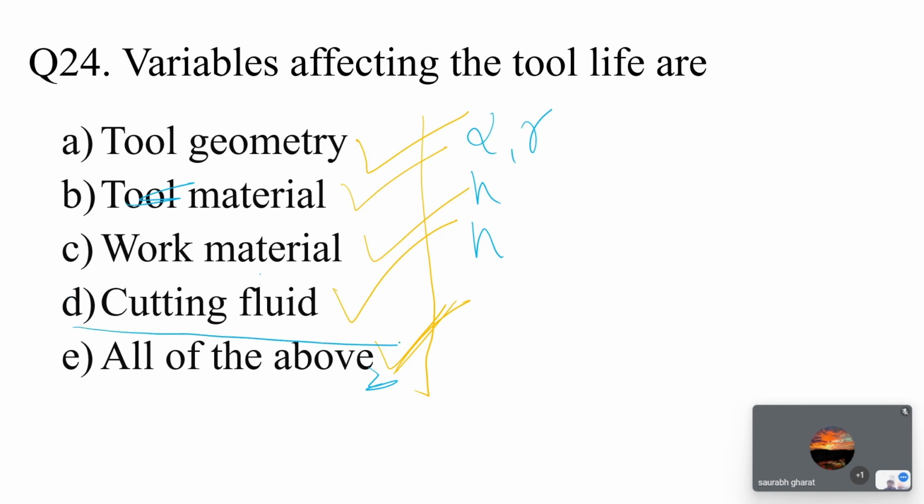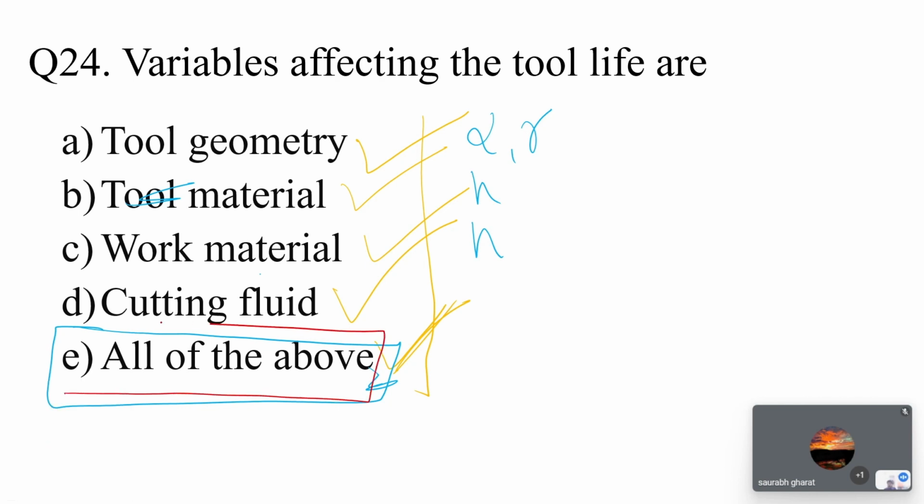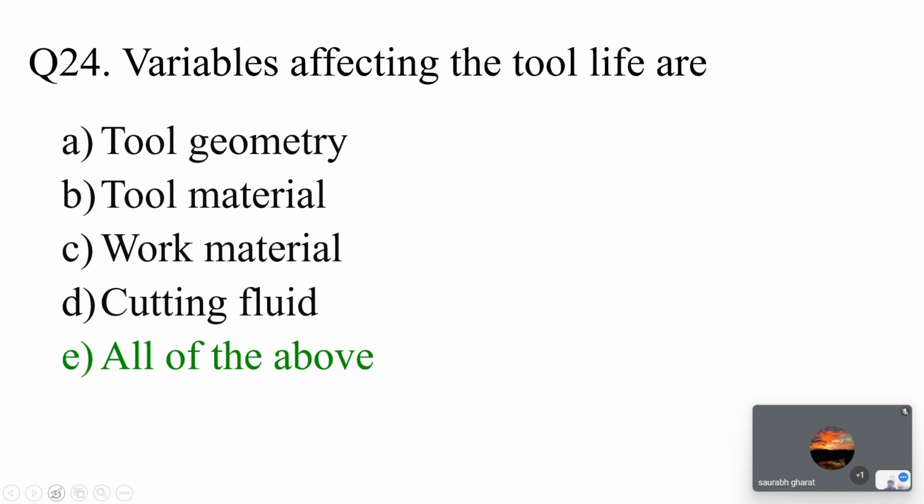So all of the above will be your answer, because all of the above are correct.